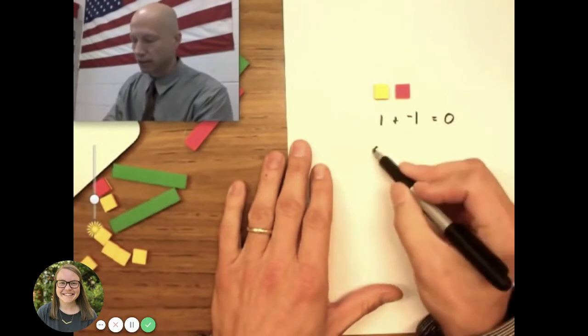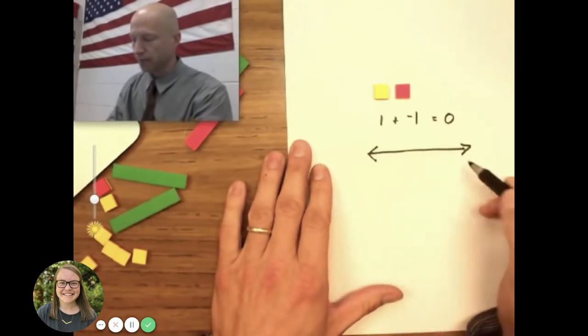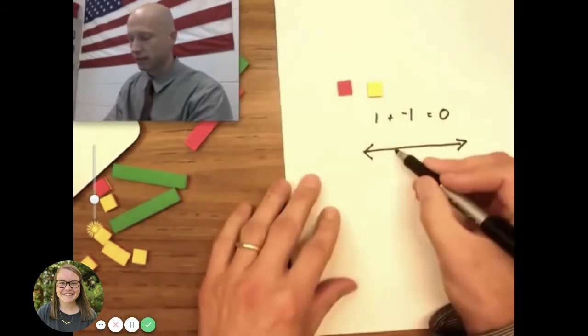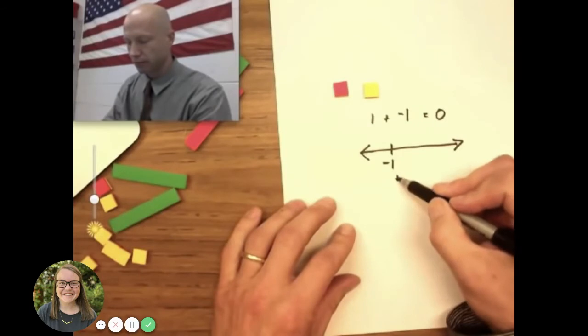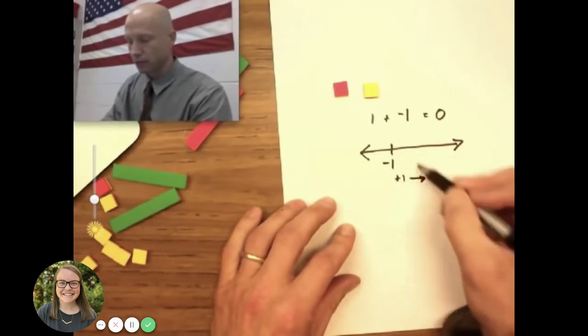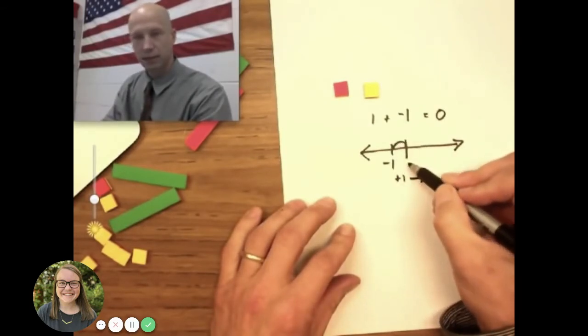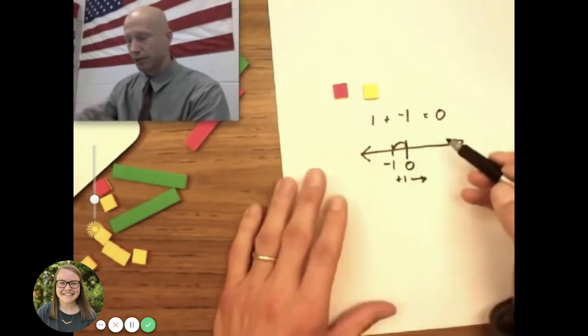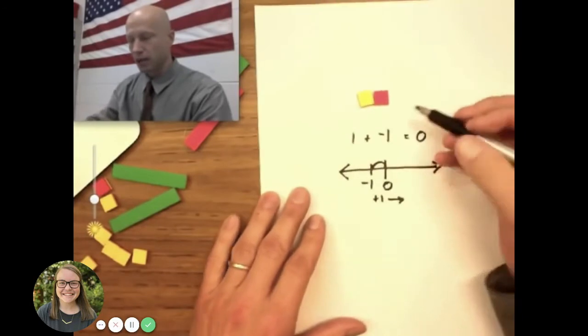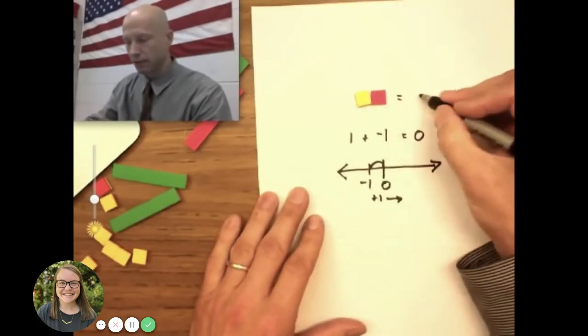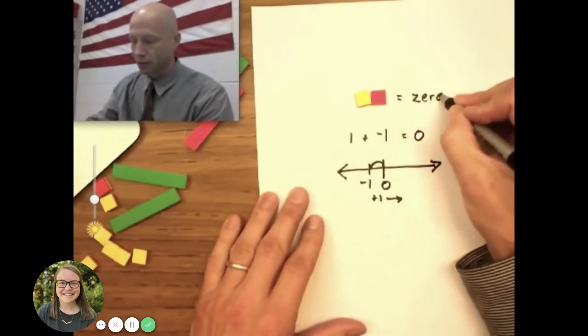We can look at this on a number line and see if we have -1 and we add 1, that means we go to the right 1 space, and 1 space to the right of -1 is 0. So let's all just agree for now that 1 plus -1 is 0, and we're going to call a little yellow and red pair like this from now on a 0 pair.